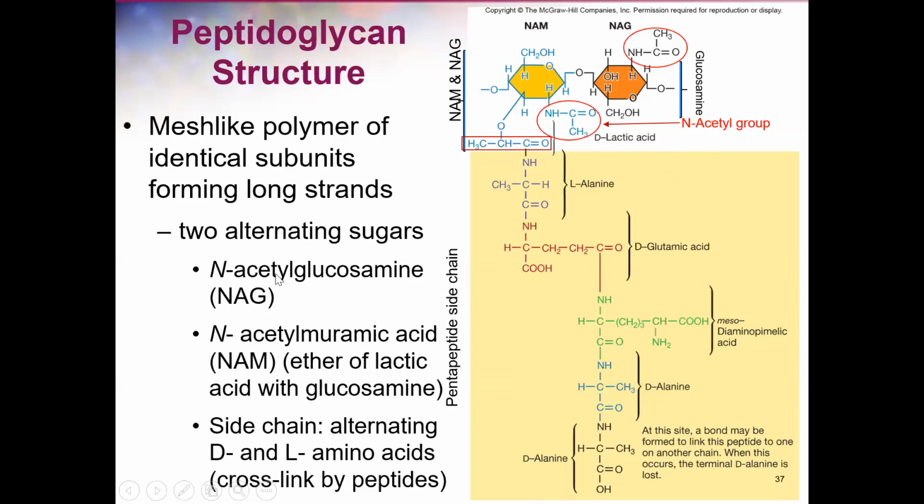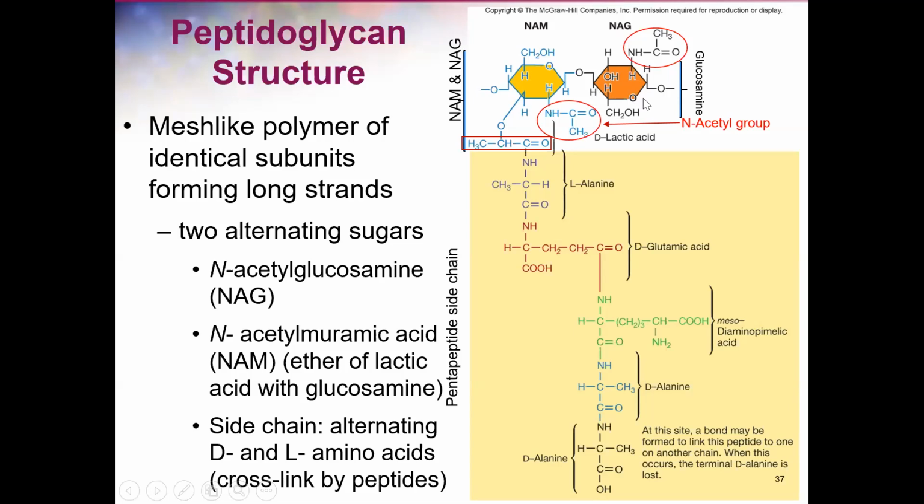We know acetyl, right? Acetyl means you have 2 carbons right here, a carboxyl group. So that means this part. Then amine is the nitrogen and hydrogen, this amine group. Then they have a glucose here. So that basically says acetyl, glucose, amine. Okay, that's this part.